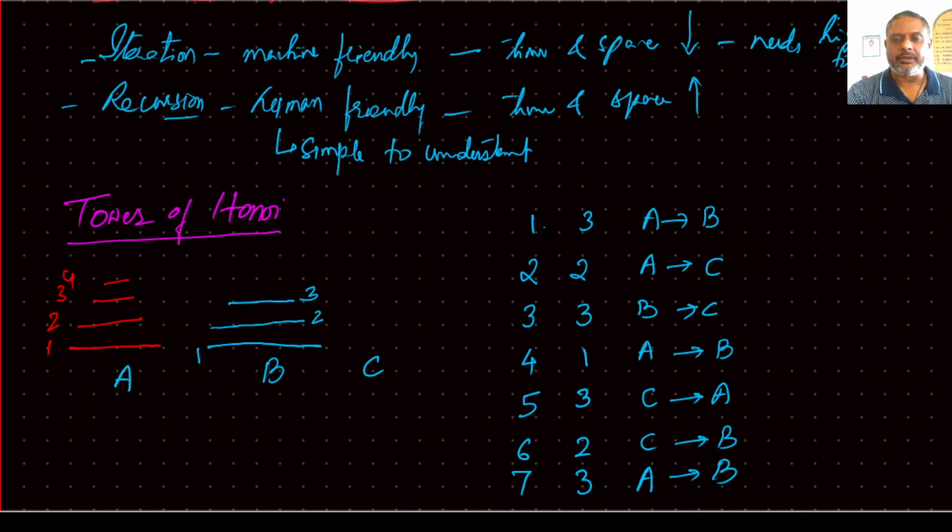So if you look carefully what we did, I can split this into three parts, and in the first part what we did, we moved 3 from tower A, then we moved 2 from tower A. So 3 and 2 were moved from A. That means the upper 2 were shifted first, and then the lowest one is shifted, then the upper ones were placed back onto the lower one.